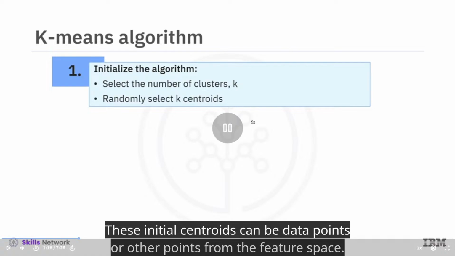These initial centroids can be data points or other points from the feature space.